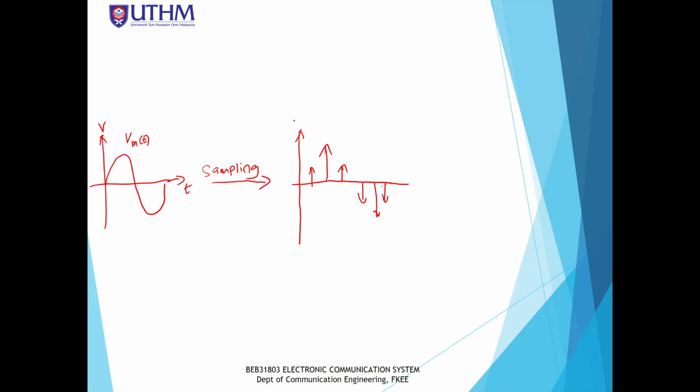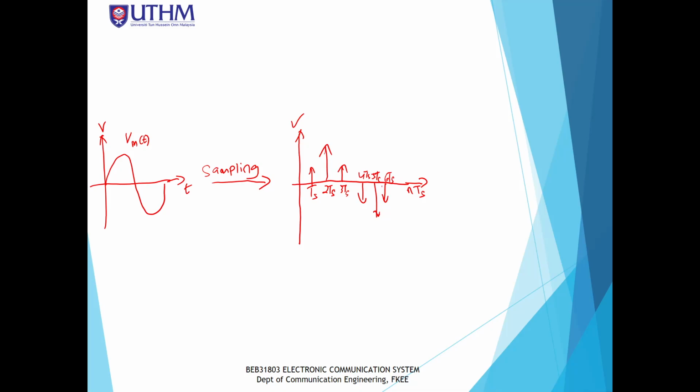So this is a discrete time signal. For example, nTs: Ts, 2Ts, 3Ts, 4Ts, 5Ts, 6Ts, and so on, where Ts is the sampling time. We sample the analog signal based on the Nyquist theorem.